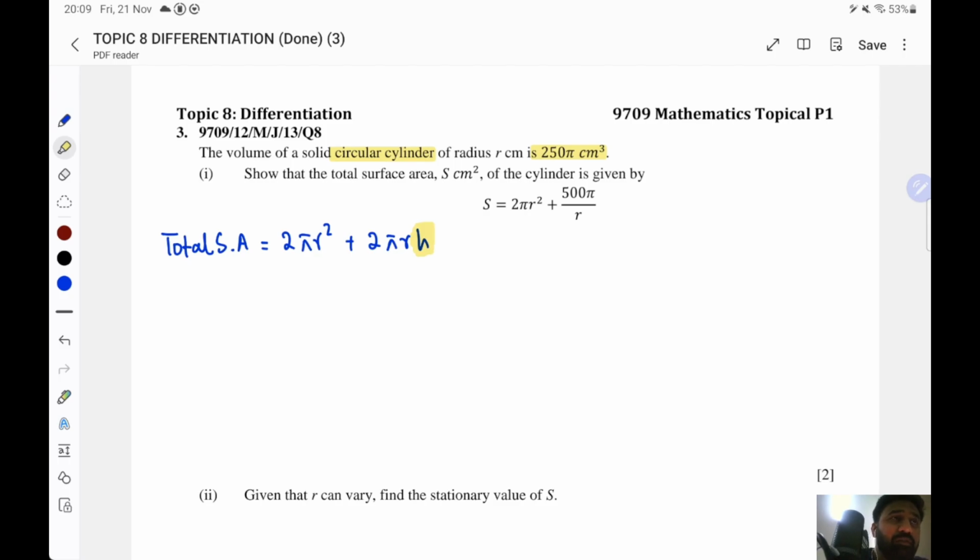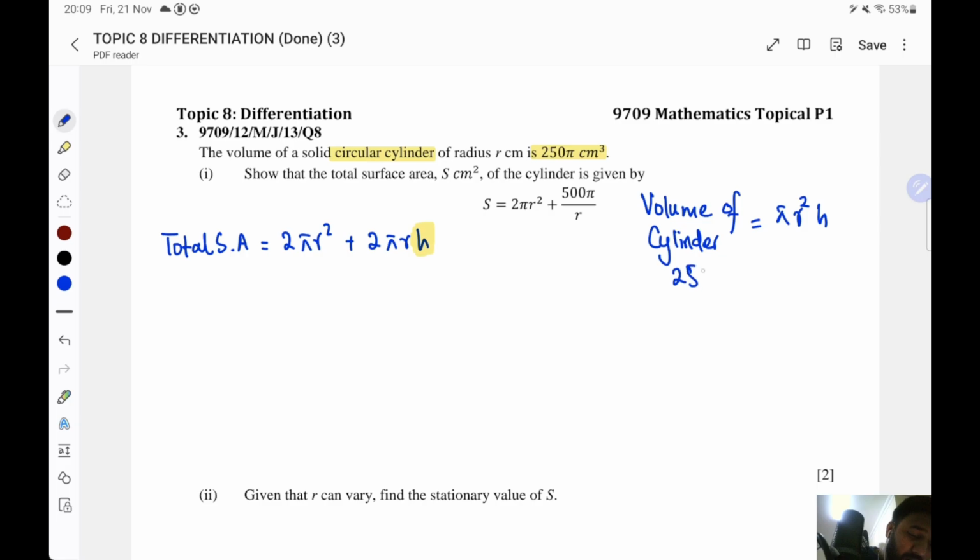So it means that we need to find the value of h, and we need to substitute it in the formula. For that purpose, we are going to use the volume of cylinder that is given to us. Let me use it, volume of cylinder, which is pi r square h.